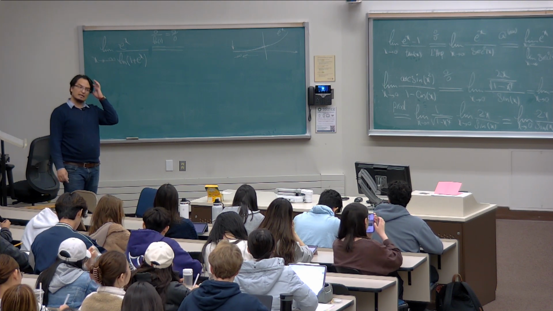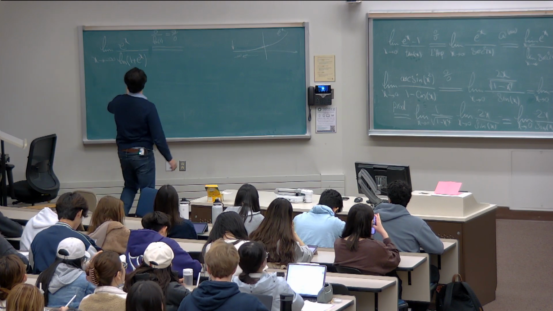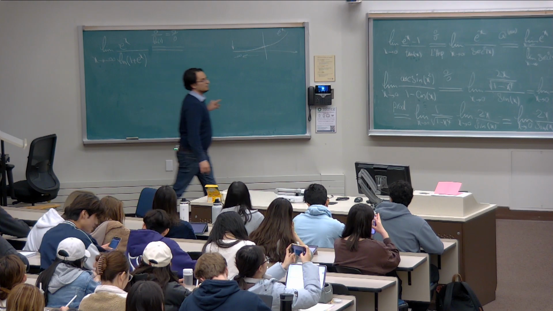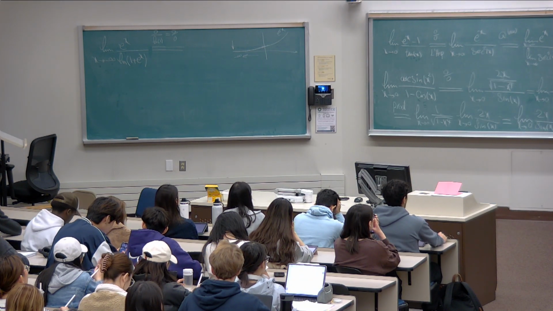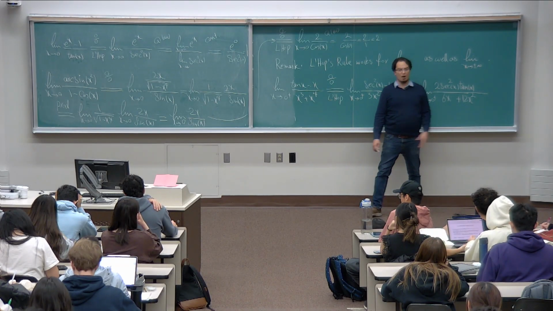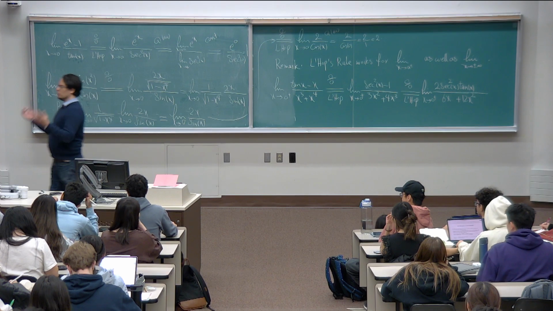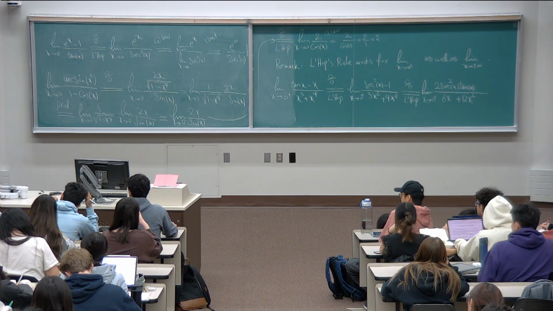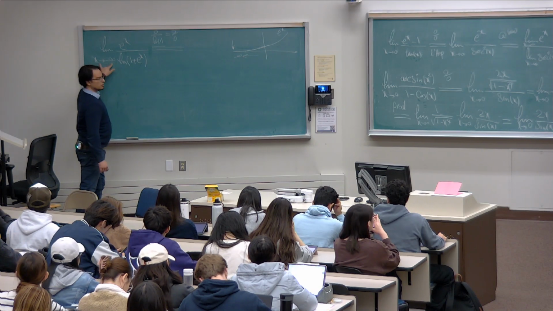I claim that I can use L'Hopital. The only thing you should worry about is that, wait a minute, this is not x going to a number, it's going to infinity. But thank you to the mathematicians who have worked out all the details of these things, and now we know that for limits at infinity this also works.